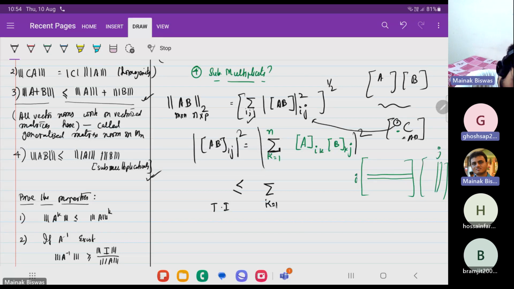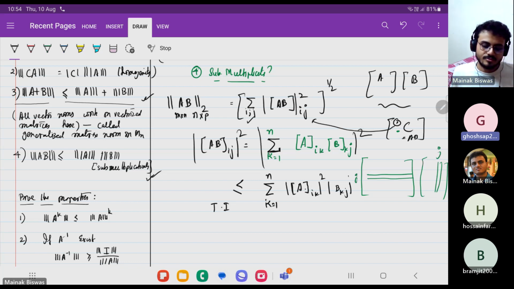Sum over k equal to 1 to n of A_ik square and B_kj square, right? Yes, yes. And then I can sum. So my desire is to sum this over ij, right?